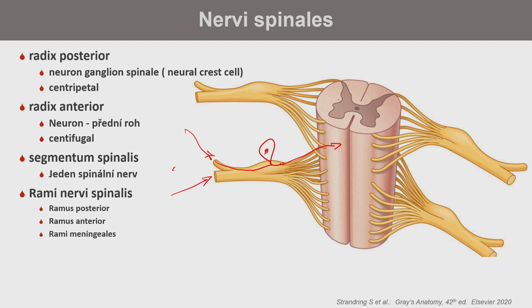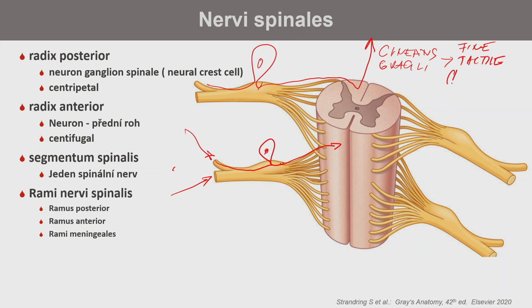Then in the spinal cord we have a different situation. Some fibers, like here, are not relayed here, so this is typically cuneatus and gracilis, and we know that it is fine, so tactile and conscious proprioception.